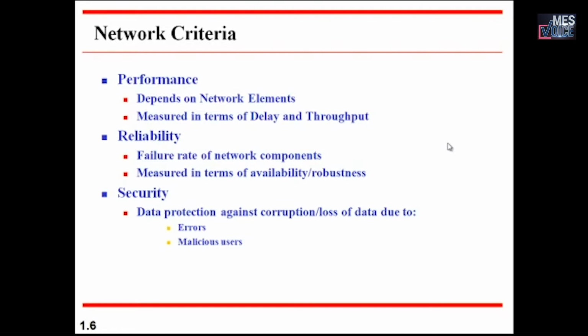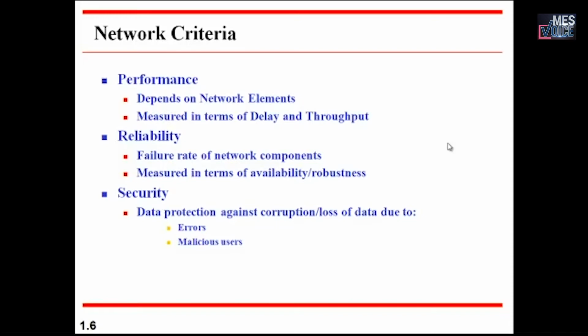The network criteria. We know that a network should have optimum performance. A network should be reliable, and the network should have sufficient security features so that the data is protected against corruption or loss. When it comes to performance, it depends on a lot of network elements.